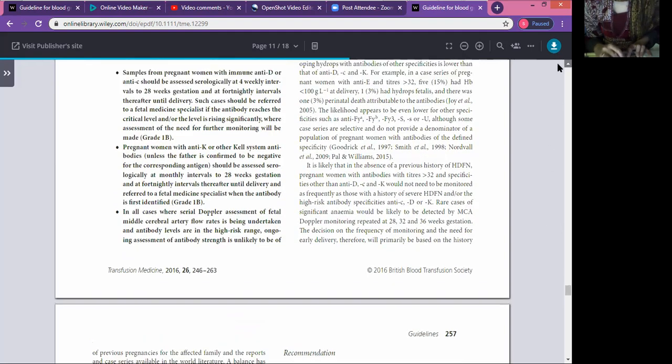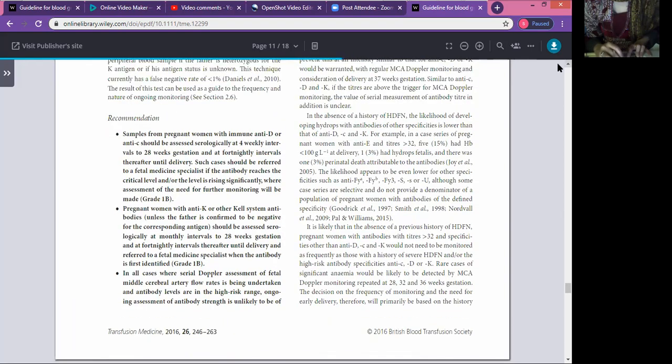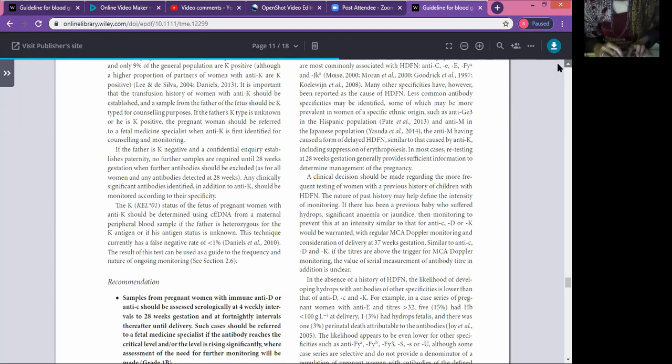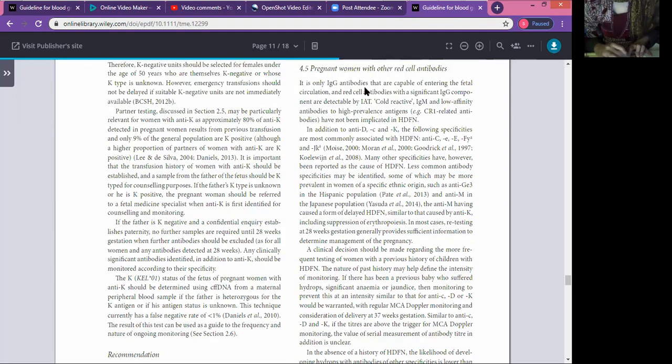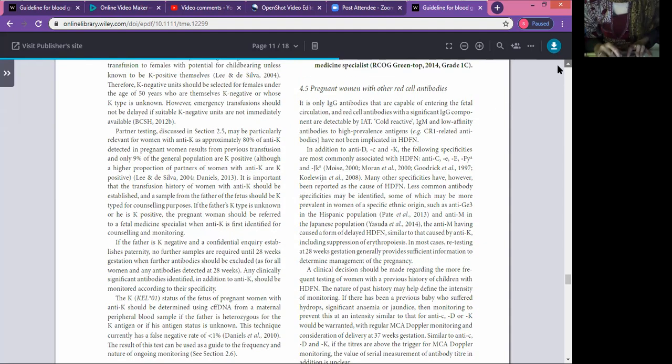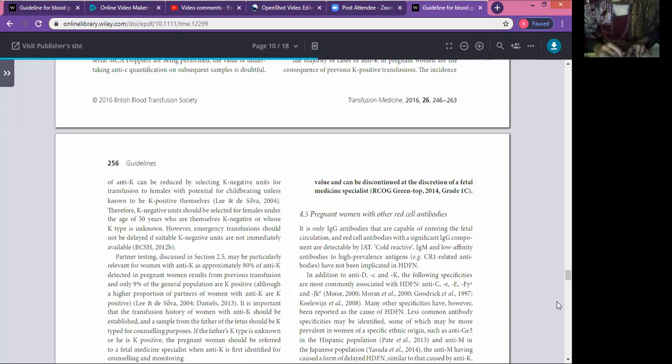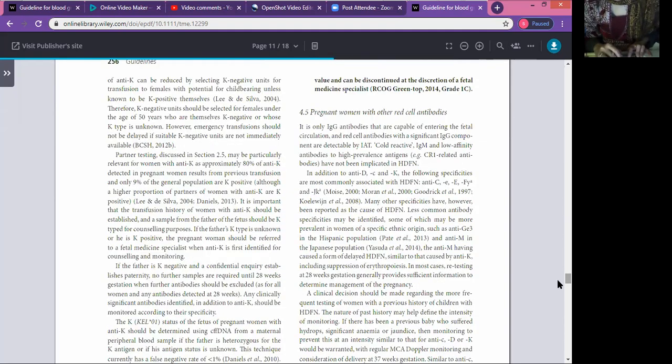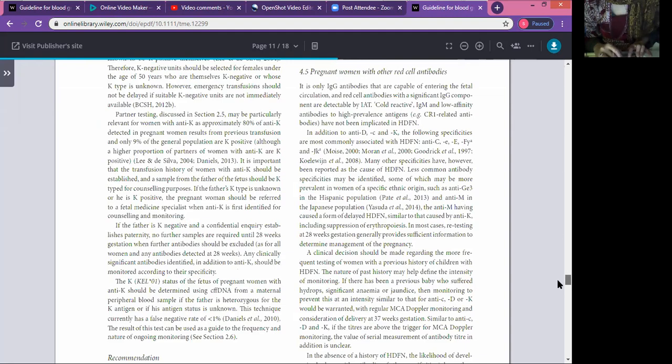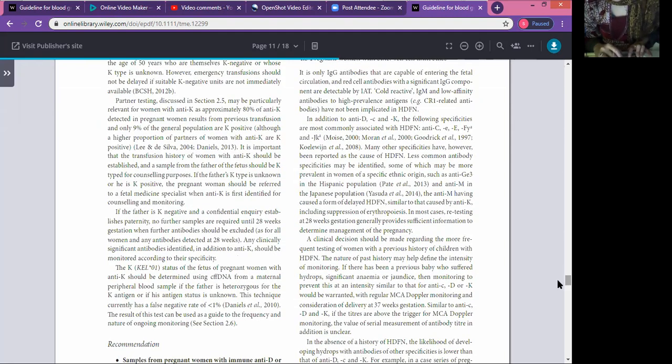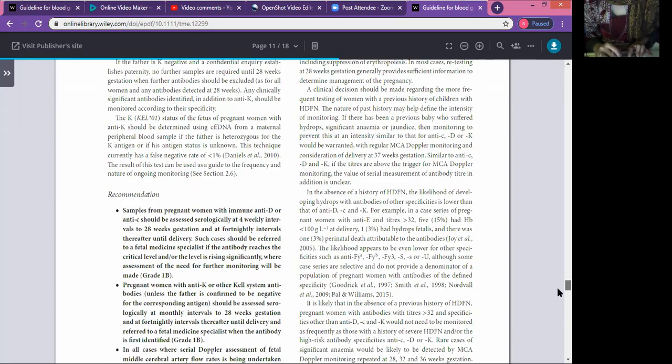And for other antibodies, other than D, C, and K, all other clinically significant antibodies like anti big C, E, big E, FIA, and FIB are also clinically significant, but they just need to be monitored at booking, and then at 28 weeks. A decision should be made regarding more frequent testing of women with a previous history of a child with HDFN.